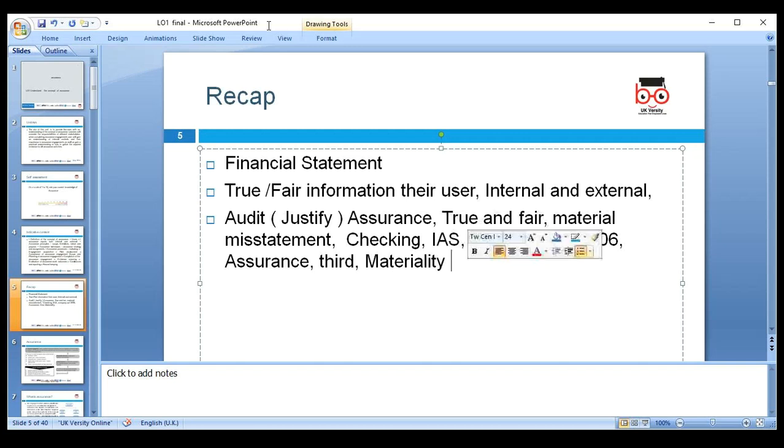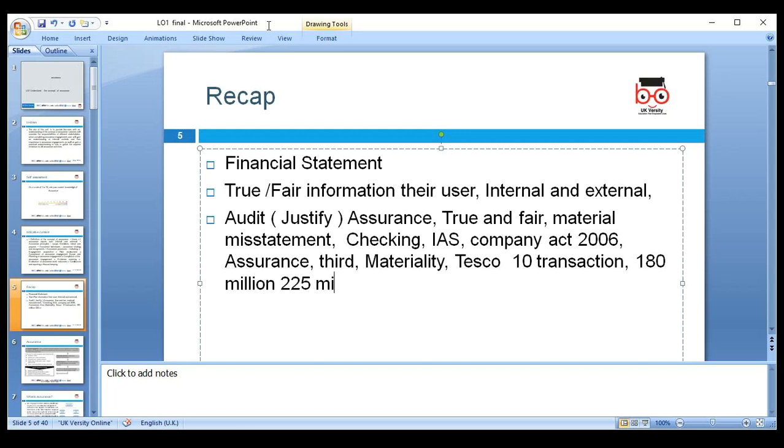If it's a big company like Tesco, yes, a £10 transaction, it's immaterial. So this is not material, but Tesco, their sales were 180 million, yes, but they showed 225 million. What do you think now?